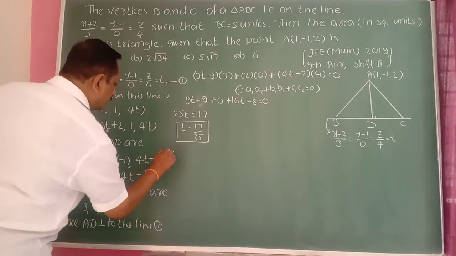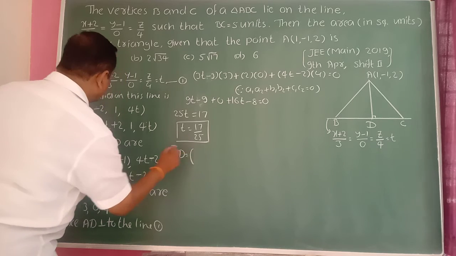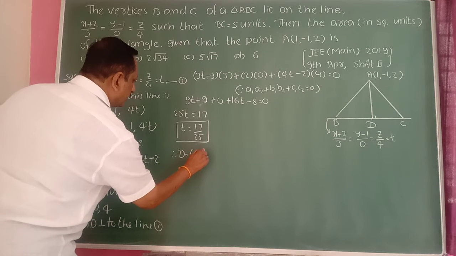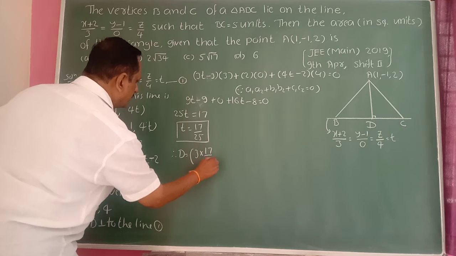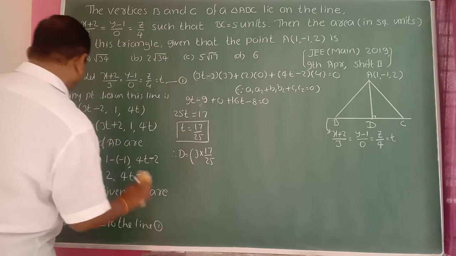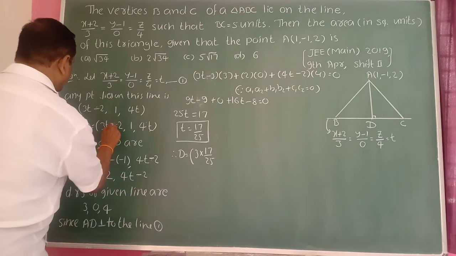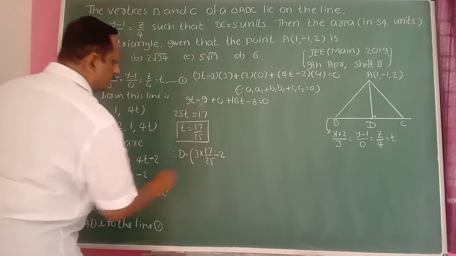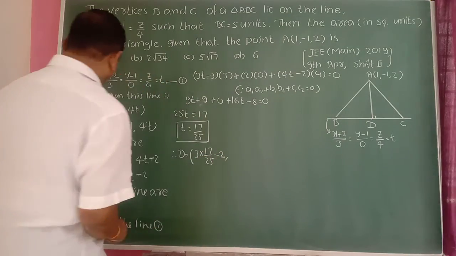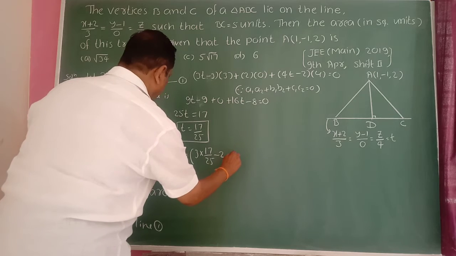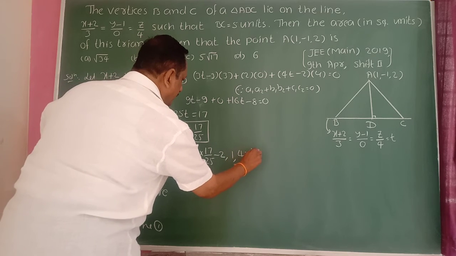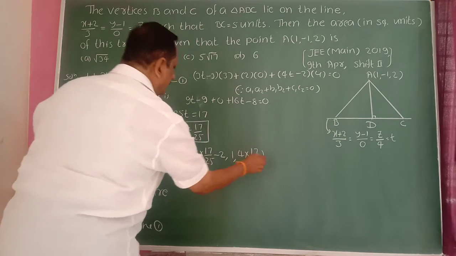Use this t value here. Therefore D is equal to (3 into 17 divided by 25, minus 2), then 1, and 4 into 17 divided by 25.